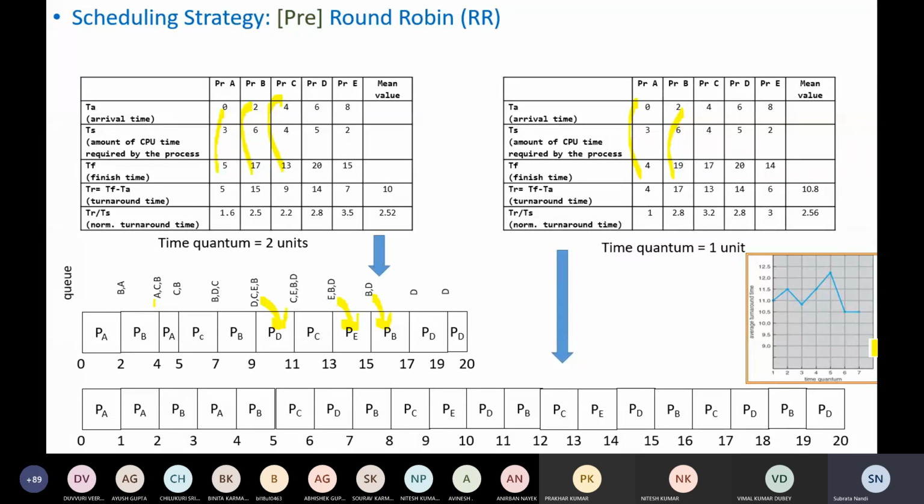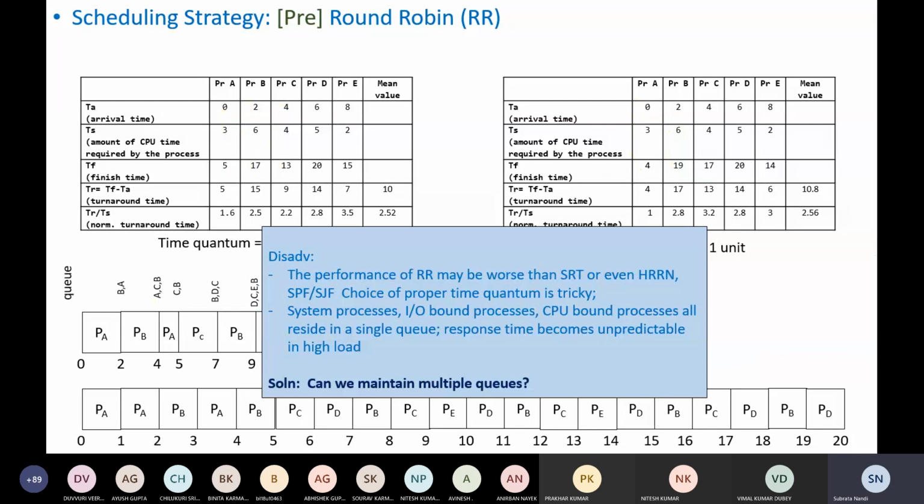The advantage of using RR is we can skip the computation of service time, but the disadvantage is it often produces performance that is inferior to that of SRT, HRRN and the others, because of the choice of time quantum.